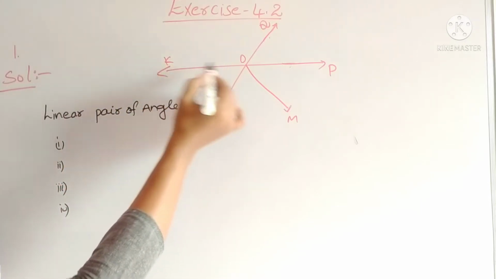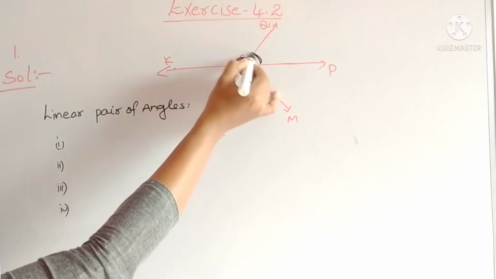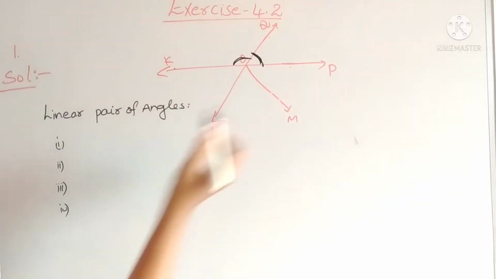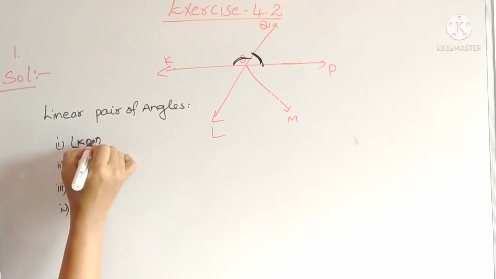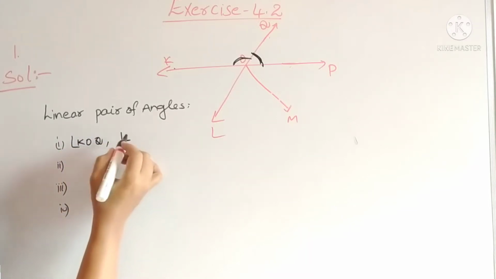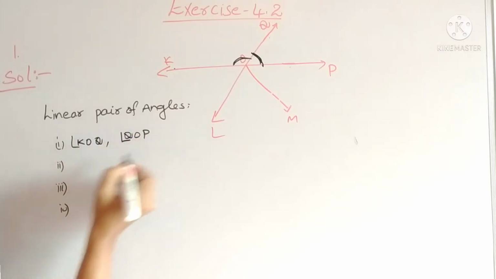KOQ, this angle and this angle are forming this KP line, na? So we can say linear pair. So angle KOQ, angle QOP.